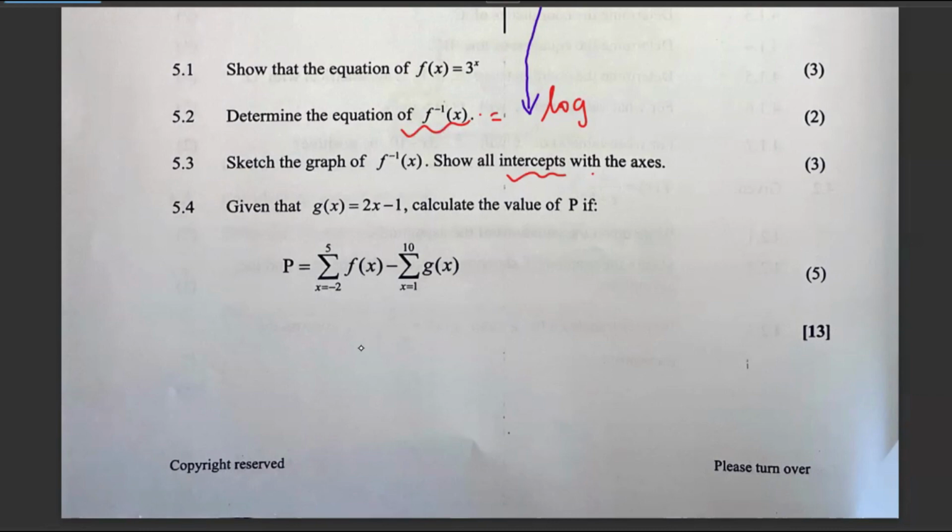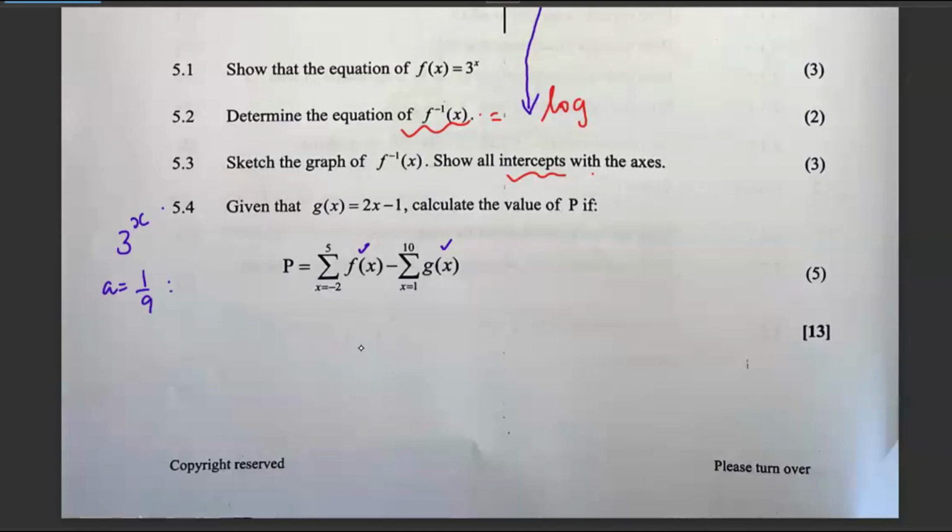So if we're dealing with f of x and then we have g of x, we already have the equations, remember? So let's get the terms and try to establish what sort of patterns they are. And let's try to get their sums. Okay. So in the first one, if x is negative 2, because remember it was 3 to the x, our first term is going to be 1 over 9.